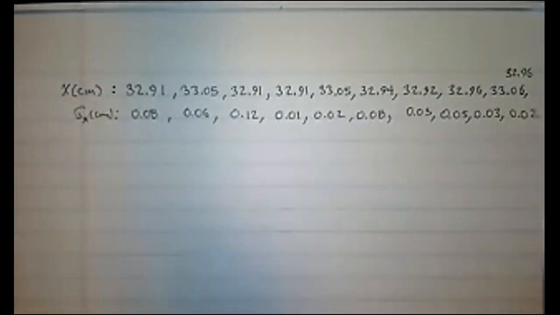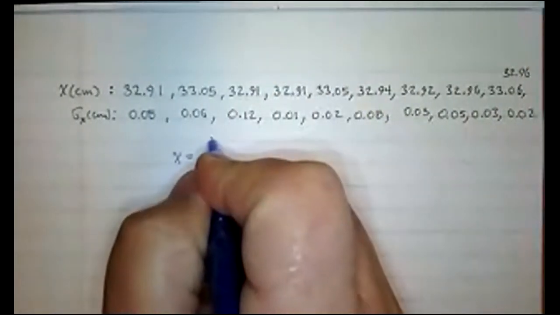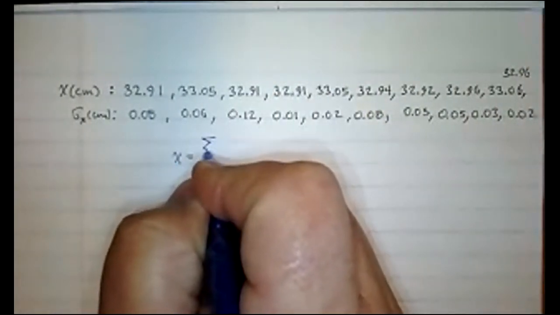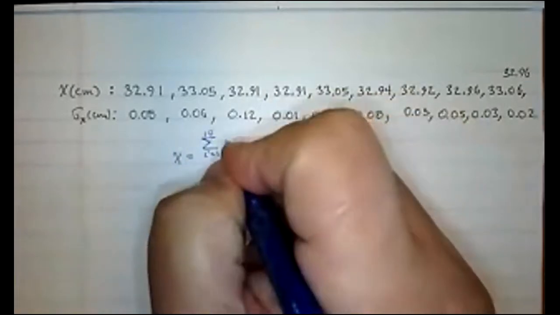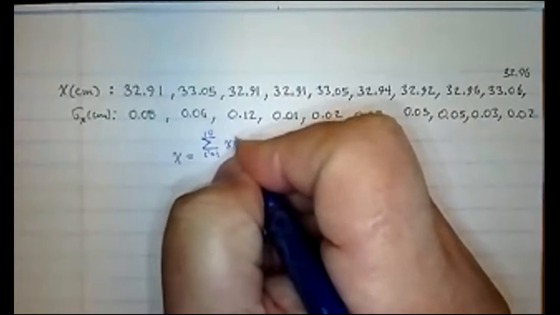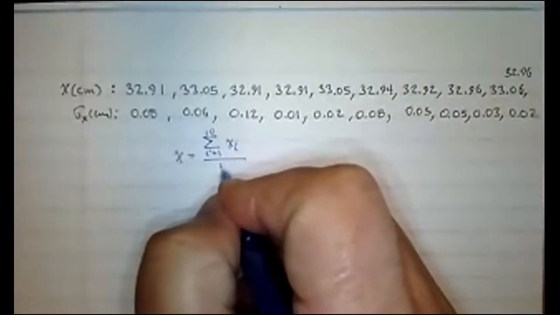So I would probably want to report X as, and here's the formula in fancy summation notation, the summation from i equals 1 to 10 of x sub i, where that's x1, x2, x3, 4, and all the way up to 10, divided by 10.